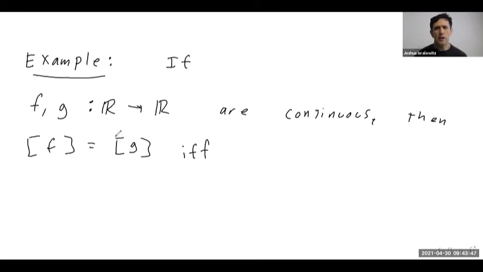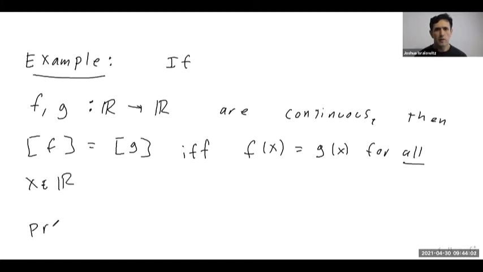F and G are equal to each other for almost every x in R if and only if they're actually just identically the same function. And if you understand this concept, this proof should be pretty easy for you to do. I assigned it for homework. It should have been an easy homework. So the easiest thing to do is to prove the contrapositive.